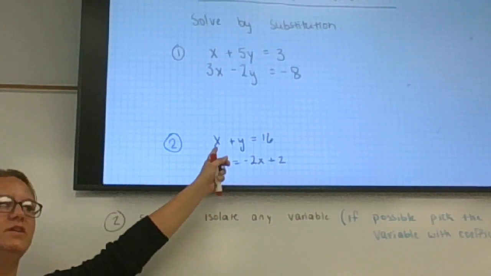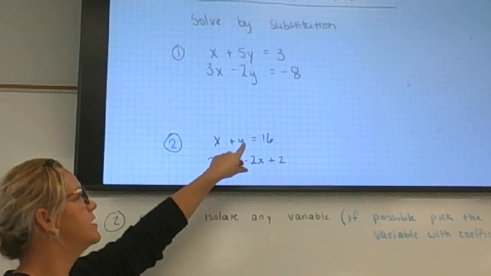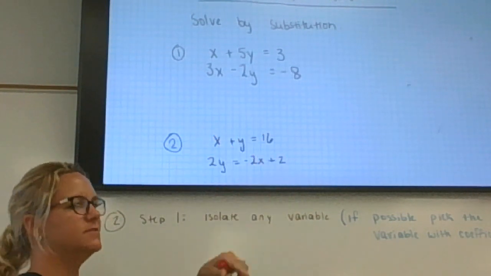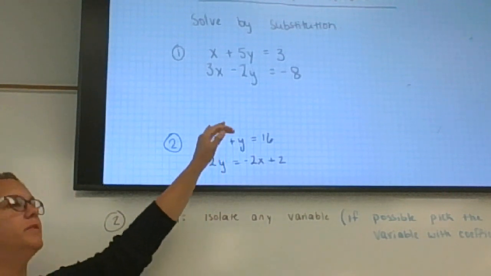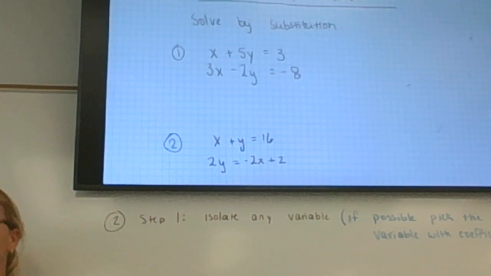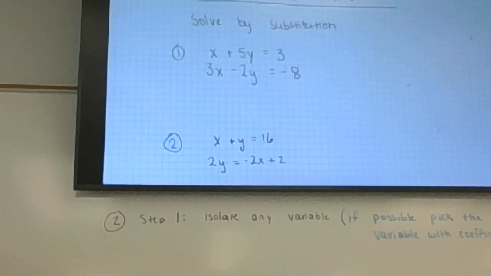Did you start number 2 yet? So right here, you subtracted x. Okay. So half of you who have started the problem maybe isolated x. Raise your hand if you isolated x. Raise your hand if you isolated y. Okay, so this will be good. They're both equally correct. Great first steps. We should have the same answers.